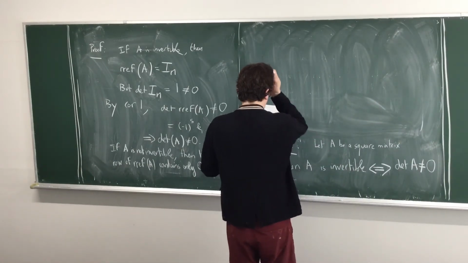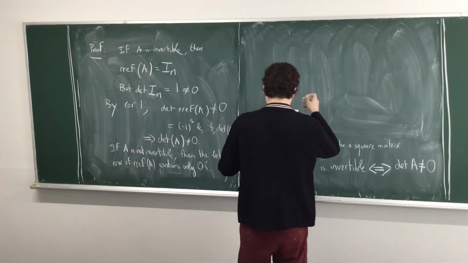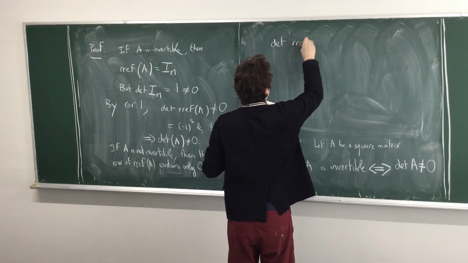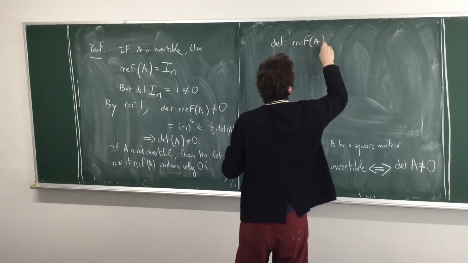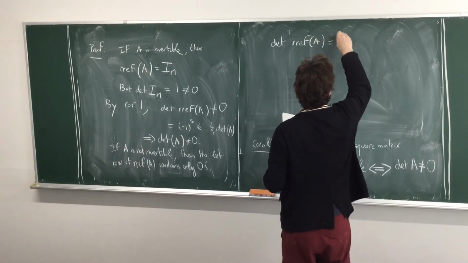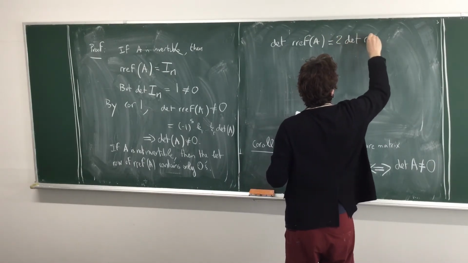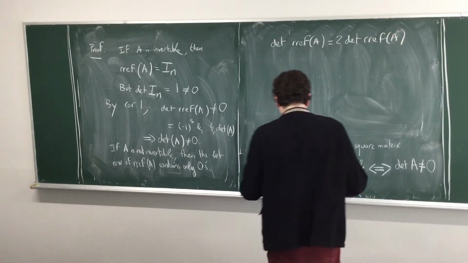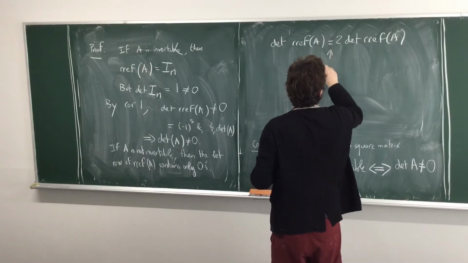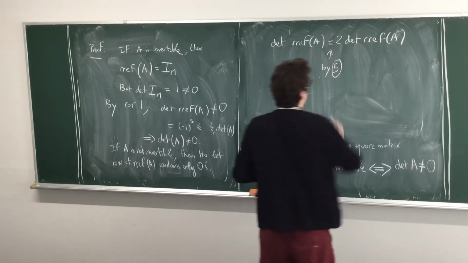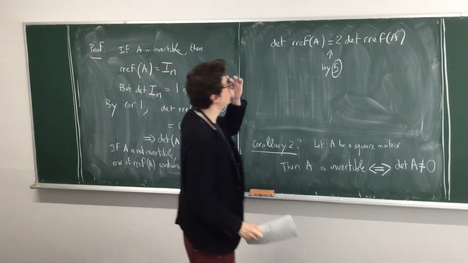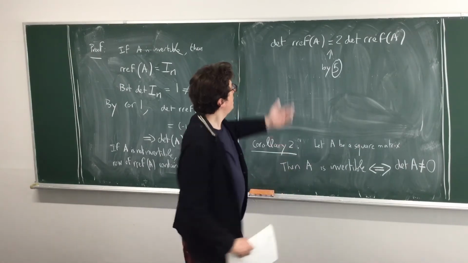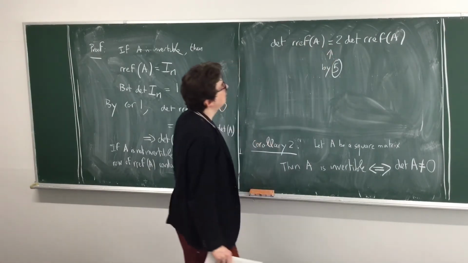So it means that the determinant of the RREF form of A will be equal to 2 times the determinant of the RREF form of A. This is by linearity of the determinant with respect to rows, because a row full of zeros, you can write it as the row 0 plus the row 0, and therefore it will be the sum of the two, which will be the same matrix.